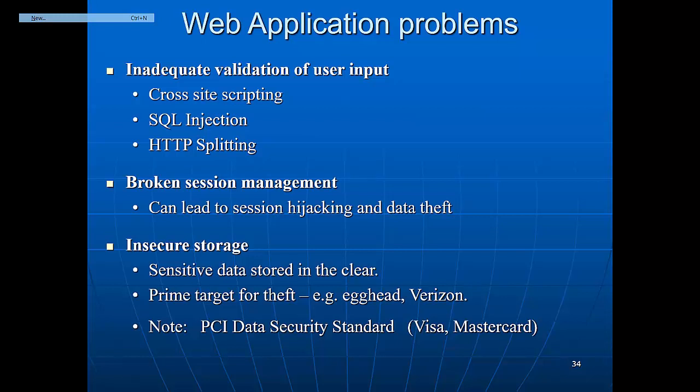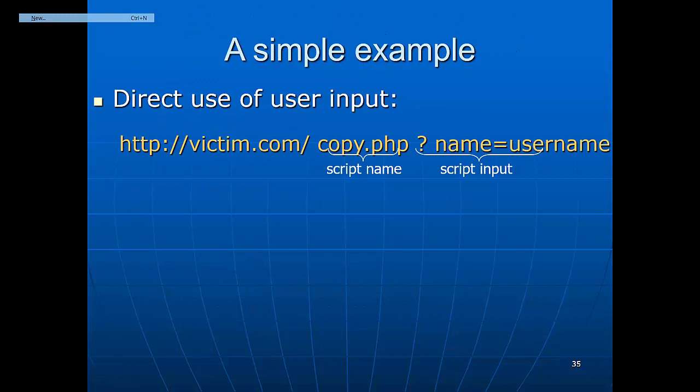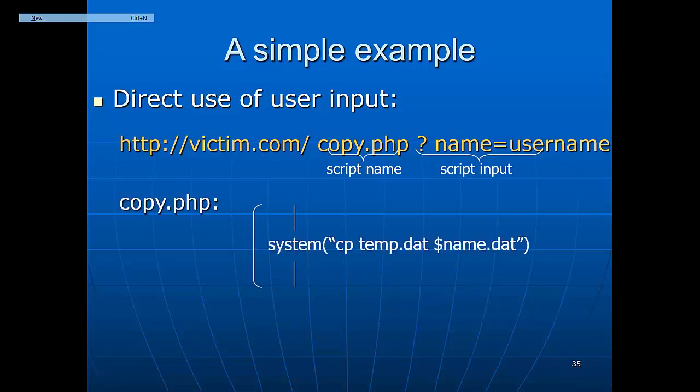There are other issues like broken session management, trying to hijack the sessions, and so on. So here's basically an example of someone typing in, let's say, a URL, and this is the direct use of user input.